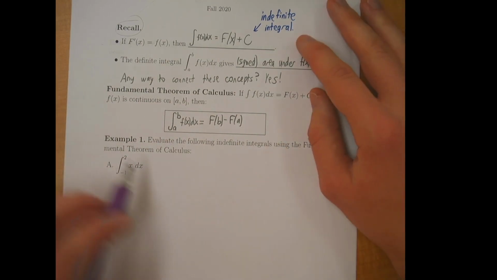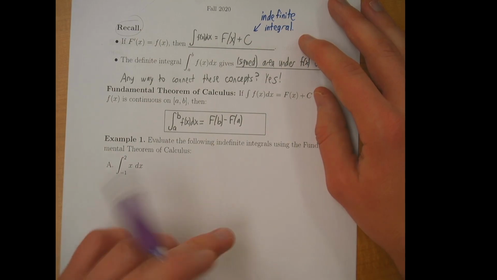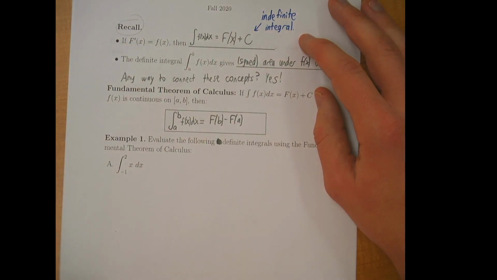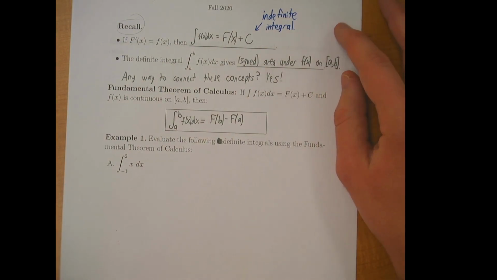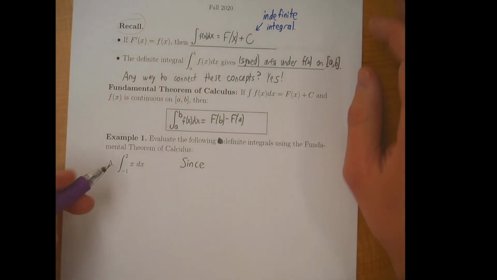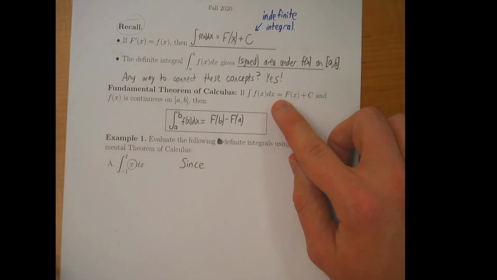So for example 1, we have to evaluate the following definite integrals using the fundamental theorem of calculus. The first one is the integral from -1 to positive 2 of x dx. Based off of the fundamental theorem of calculus, we should start by figuring out the antiderivative of x.